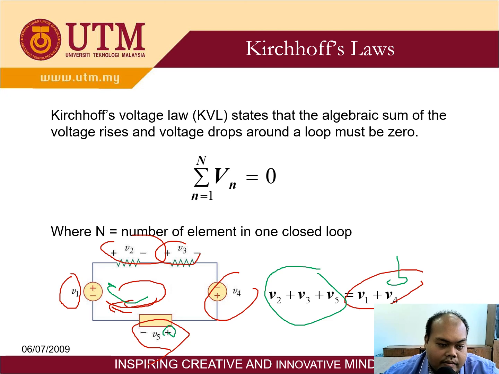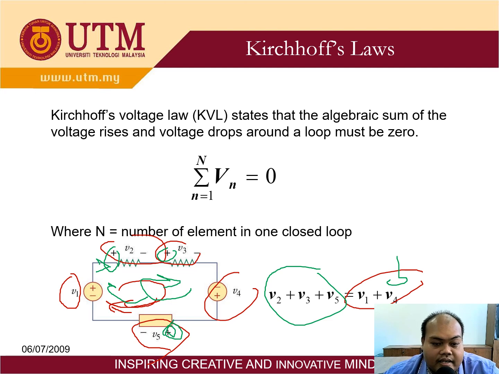Also you need to remember that when you assign a current in one direction like this, you have to make sure that the current enters the passive element at positive. This is the law when it comes to passive elements.